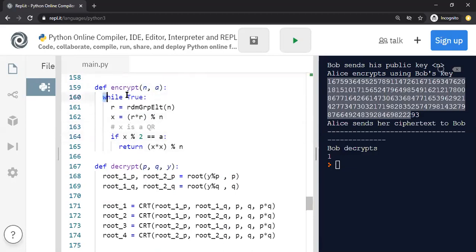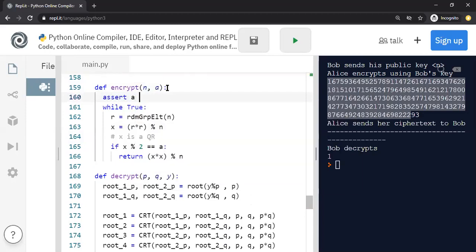That's the reason why this while loop keeps trying until the quadratic residue and the least significant bit of X match the number A that Alice wants to send. A can be either 0 or 1. Okay, so we make sure that it's just a 0 bit or 1 bit. The system only works 1 bit at a time. So that's one important message.